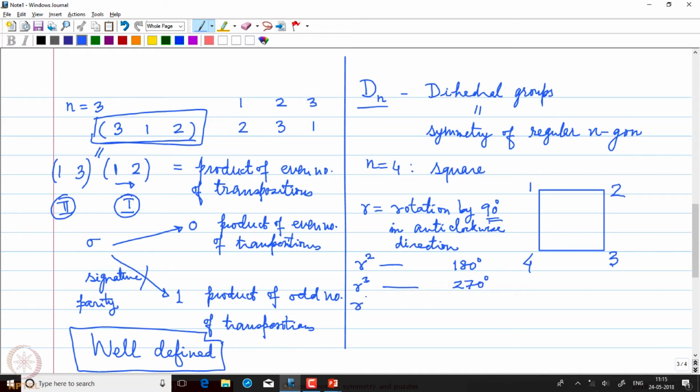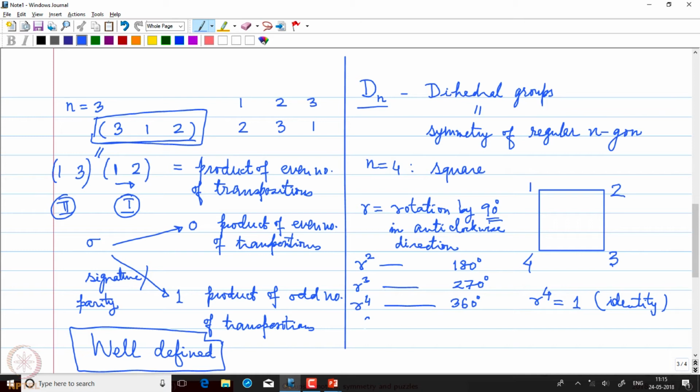What about R to the power 4? That's rotation by 360 degrees, back to the same position. And for that reason we say that R to the power 4 is identity. So this 1 represents identity, the original position is back. What else can you do with this?